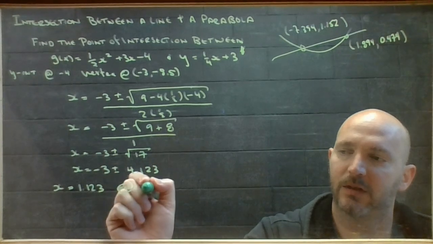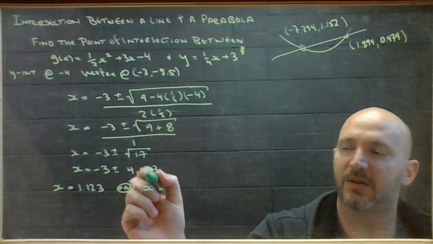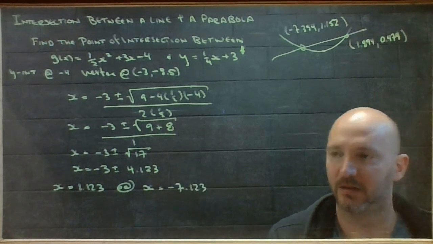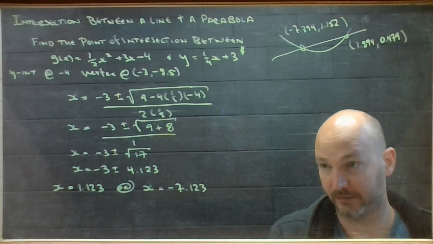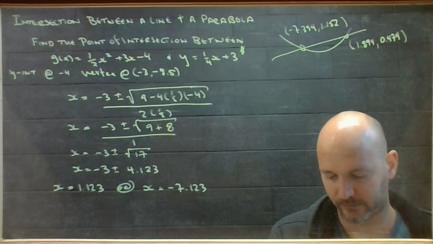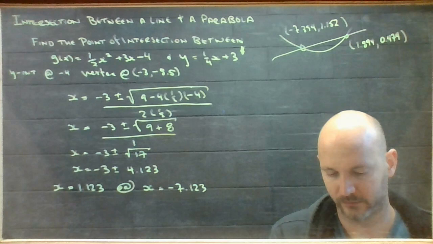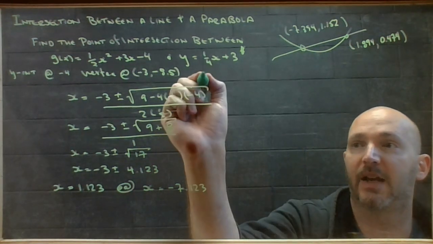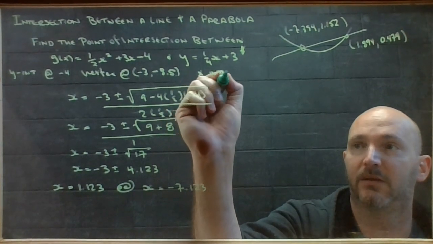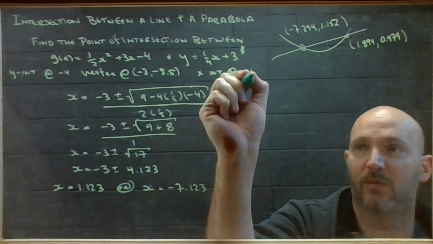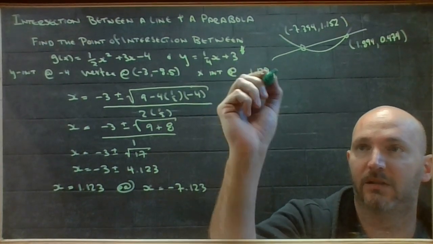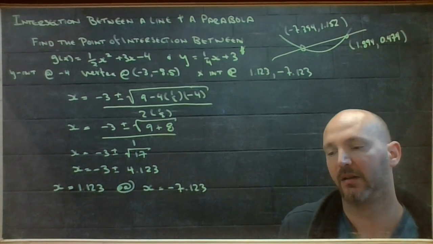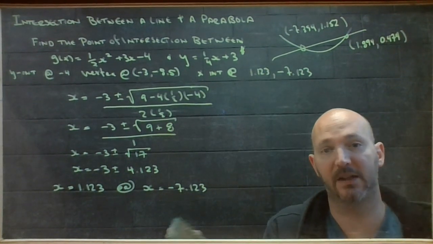Case 2, negative 3 subtract that number would be negative 7.123. Just going to check that. Indeed it is. Okay, so I've got x-intercepts at 1.123 and negative 7.123. So I can clear this off, get my grid down here and sketch it.